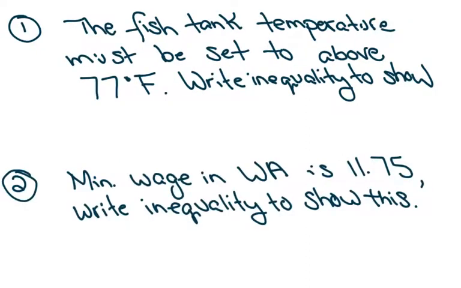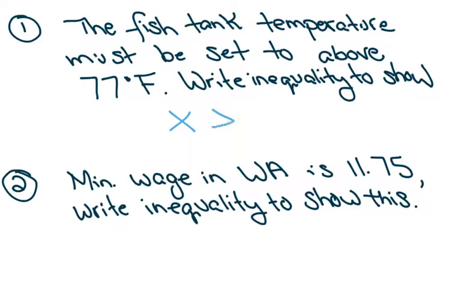All right, so let's think about some story problems. The fish tank temperature must be set to above 77 degrees Fahrenheit. Write an inequality to show this. If the fish tank has to be above 77, that means it's not including 77 because it just says above. So we want everything above or larger than 77. You can use whatever variable or letter you want.